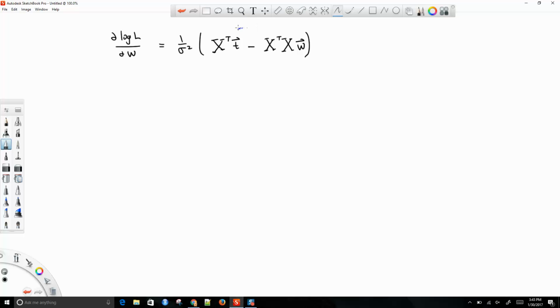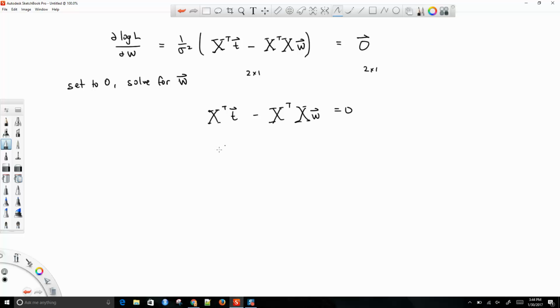So we'll set this equal to the 0 vector, because what are the dimensions of this? This is a 2 by 1, right? So this is a 2 by 1 0 vector as well. Set to 0, solve for w. I just multiply both sides by sigma squared, and now I have x transpose t minus x transpose x w is equal to 0.